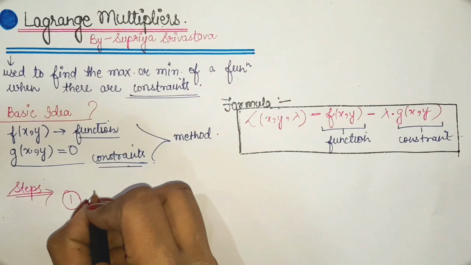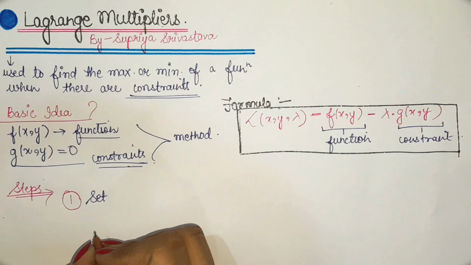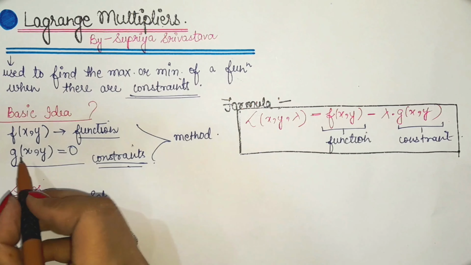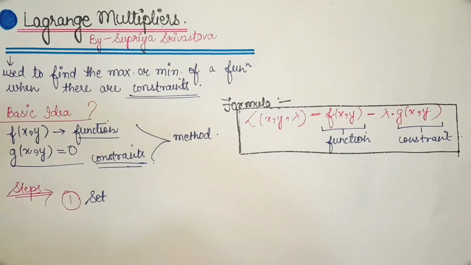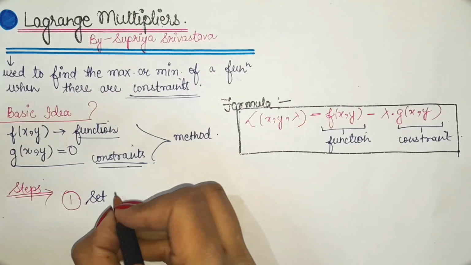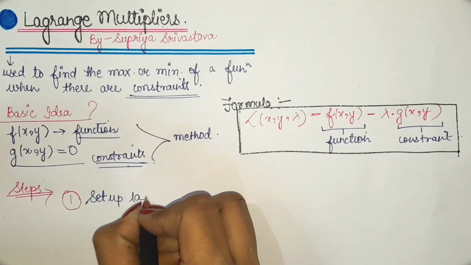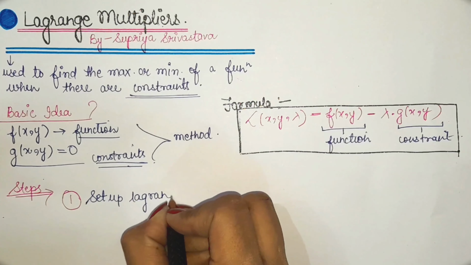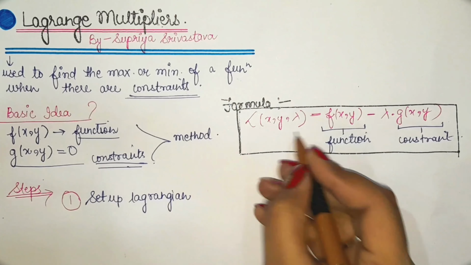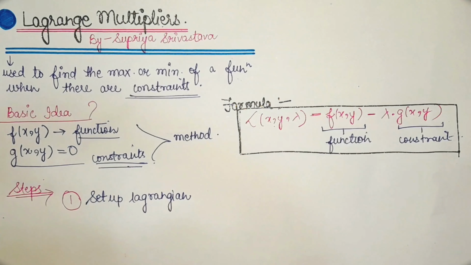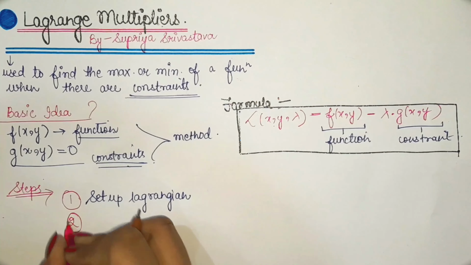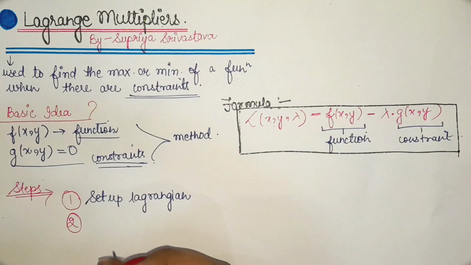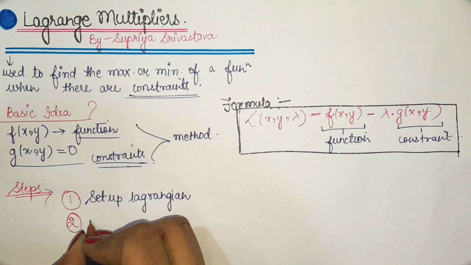For example, I have been given a basic function f of x comma y, so I'll just set up my Lagrangian by using this formula, okay. Secondly, take the derivatives. Okay, you have to take derivatives.